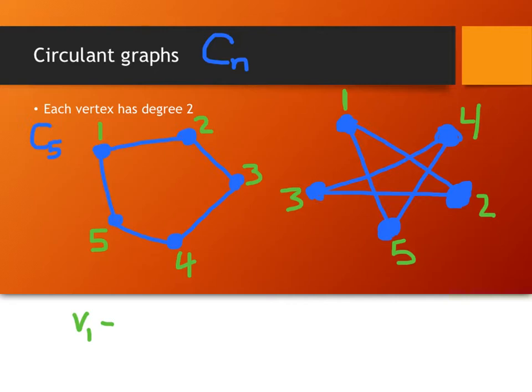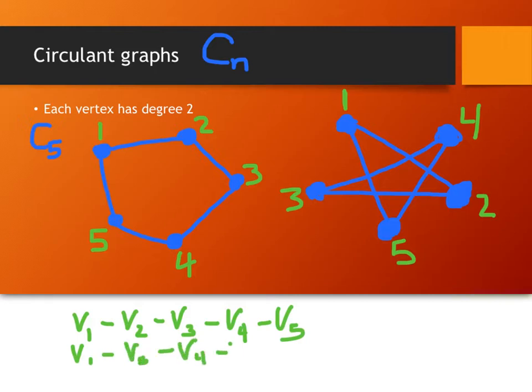So you can go V1 to V2 to V3 to V4 to V5, or you could go backwards, V1, V5, V4, V3, and V2. These are just the reverse order of the paths. You could have started at different vertices, but you get the same order regardless.